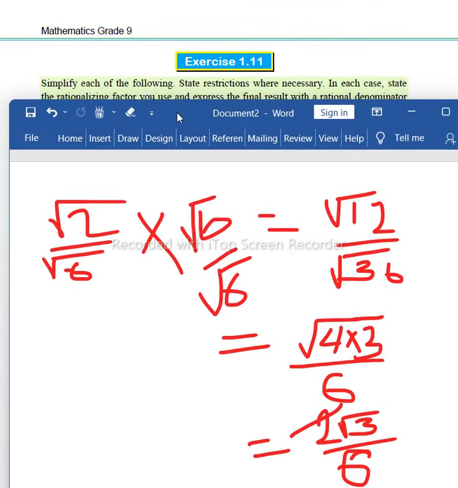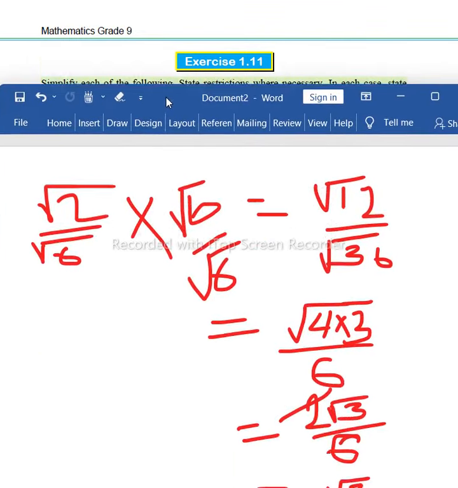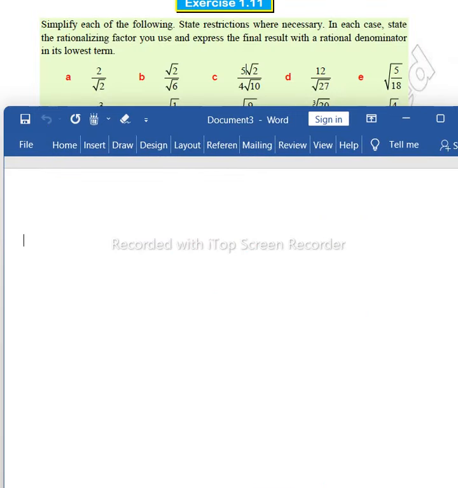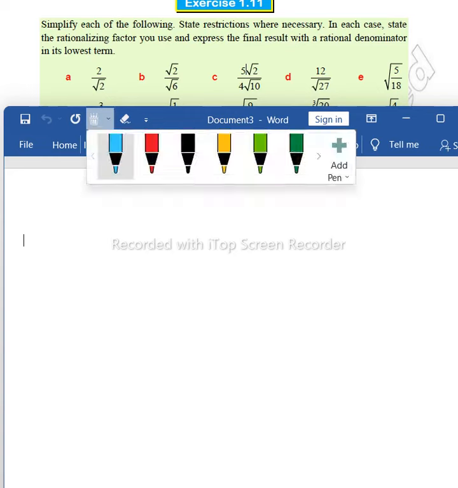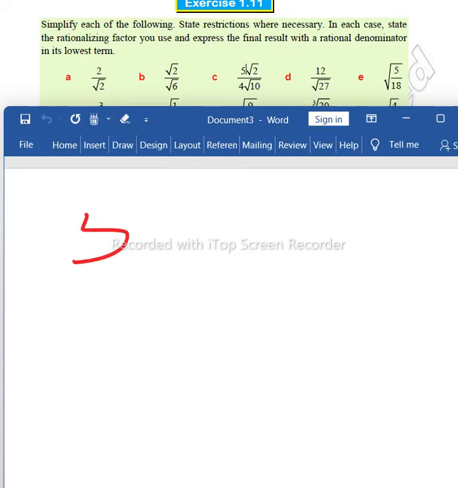Let's do letter C. On letter C, we are given 5 square root of 2 over 4 square root of 10.